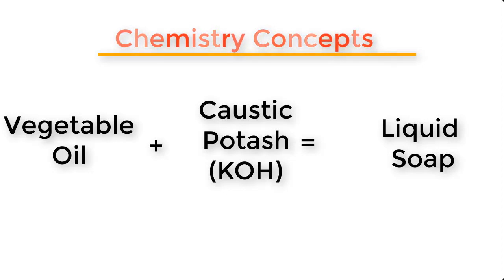Let me also say here that caustic potash and caustic soda are a family of the same compound. They are called bases. The lesson we have learned so far is that we can produce liquid soap by combining vegetable oil with caustic potash, and we can produce solid soap by combining vegetable oil and caustic soda.